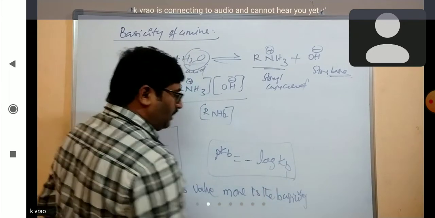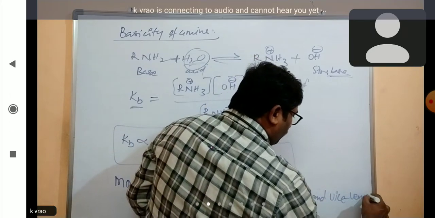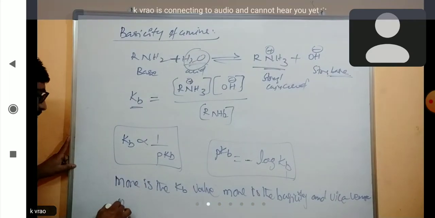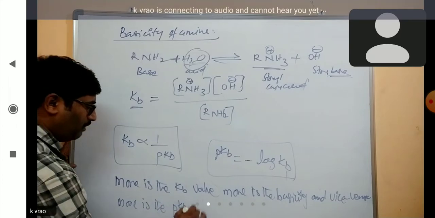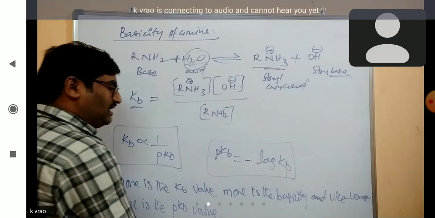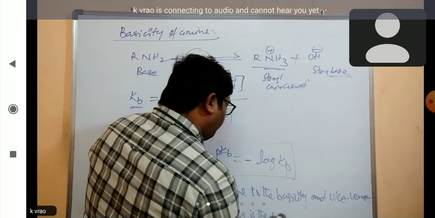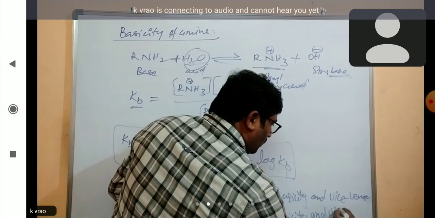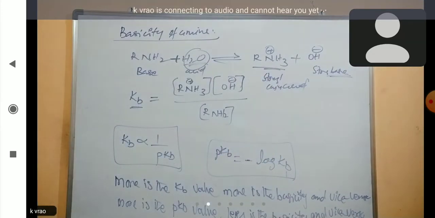The more the pKb value, the less the basicity, and vice versa. So this is about the basicity of amines.